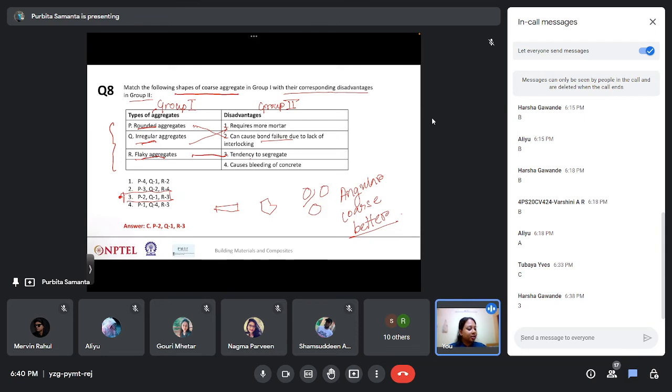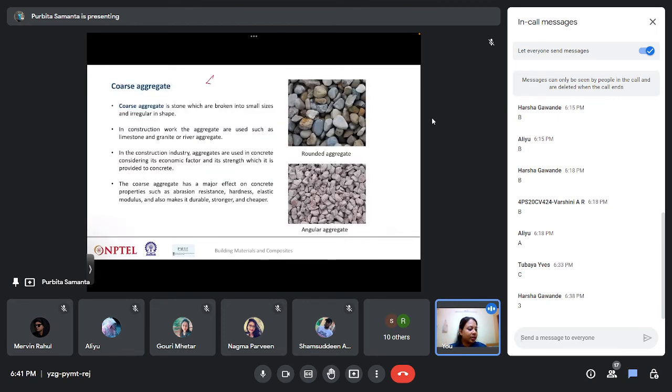So what are these coarse aggregates? They are basically the small shaped stones which lie within a range of 4.75 mm to 40 mm, and also there can be different types according to their shapes.